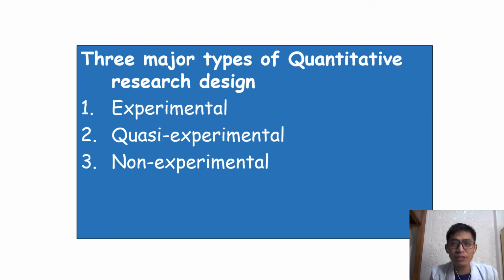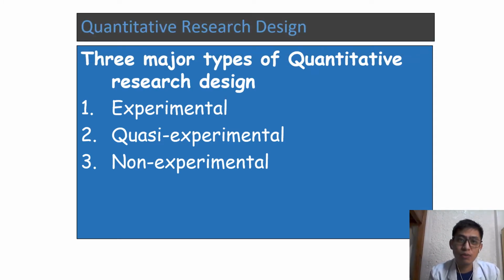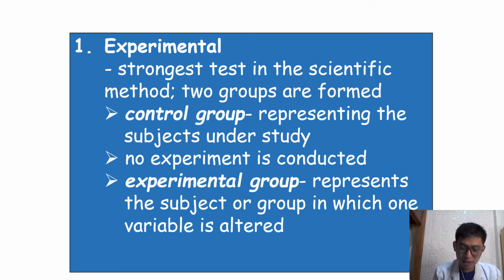The three major types of quantitative research design are experimental, quasi-experimental, and non-experimental. The experimental is the strongest test in the scientific method. Two groups are formed: the control group and the experimental group.